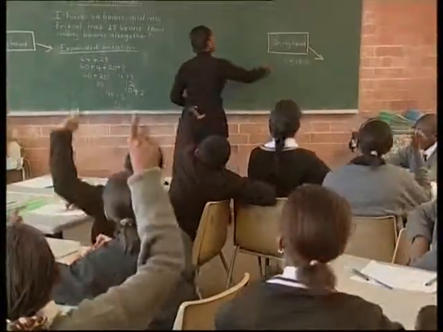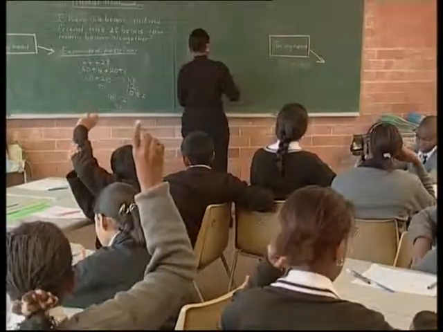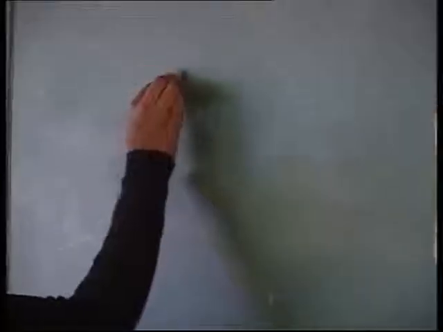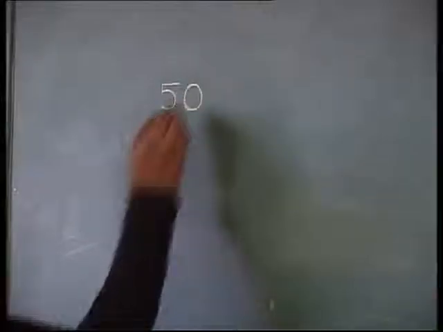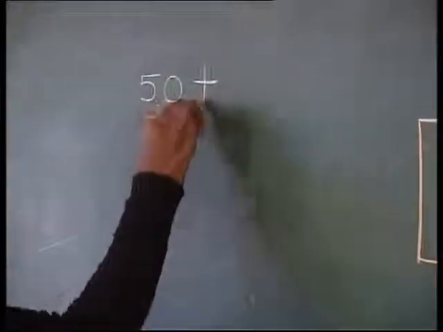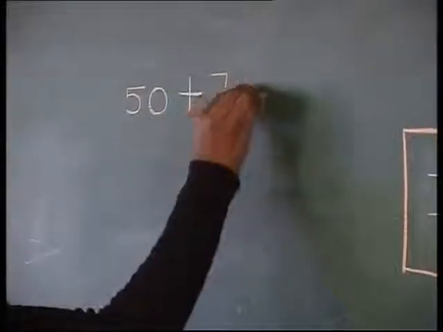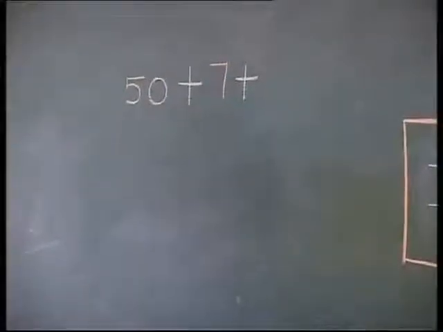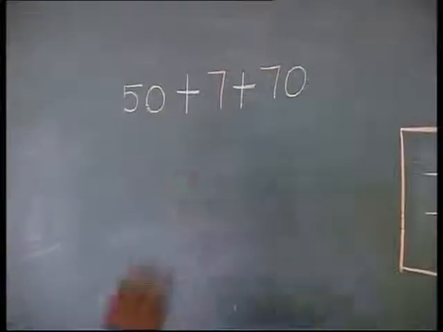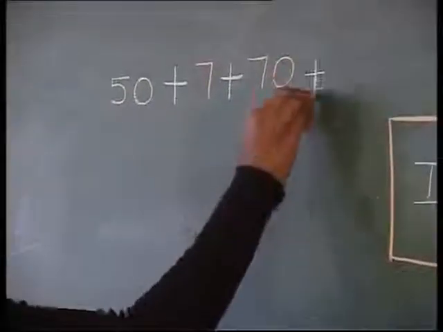So you said 57 plus 76, and you said it will be 50 plus 7 plus 70 plus 6.